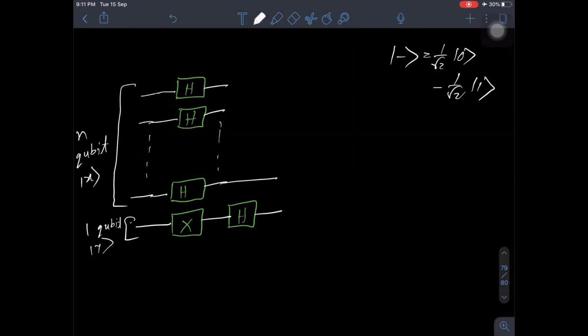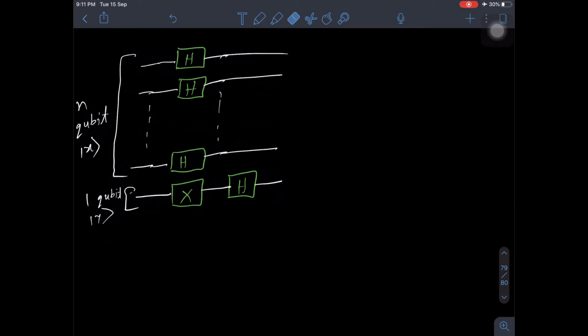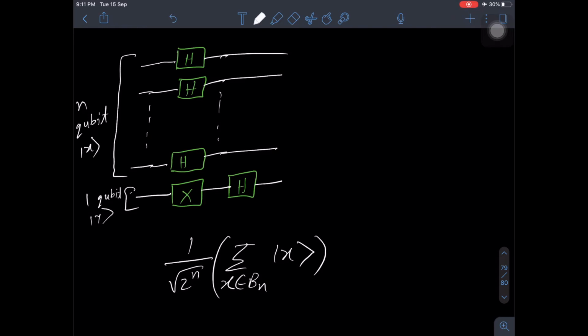At this point, let me write it in the notation. Your state is 1/√(2^n) sum over x belonging to Bn of |x⟩, and you have this minus state.